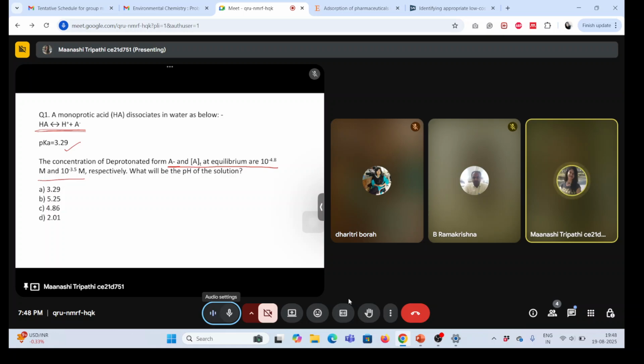We have A total and we have A negative, and we know this equation and we know the pKa value. For most systems we'll be aware of pKa1 or pKa2. So what will be the solution for this question? I'll give you a couple of minutes to solve it.